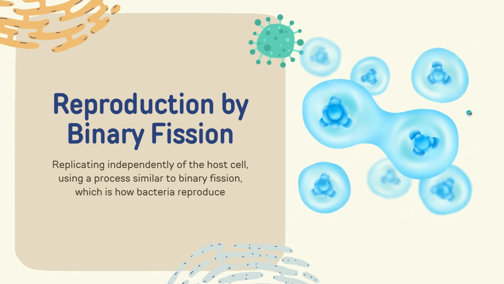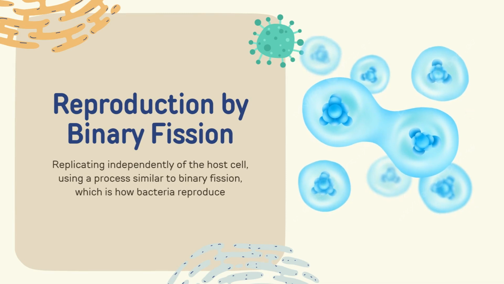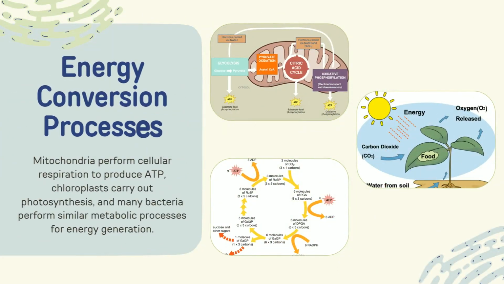Another similarity, reproduction. Both mitochondria and chloroplasts replicate through binary fission, the exact same process bacteria use to divide. Finally, let's talk about energy. Mitochondria are the ATP factories of our cells, converting glucose into energy through cellular respiration.